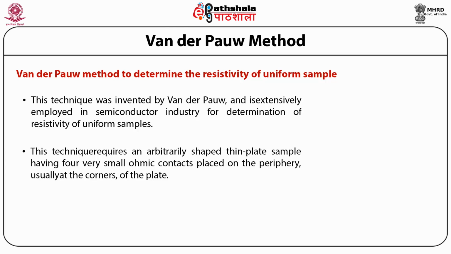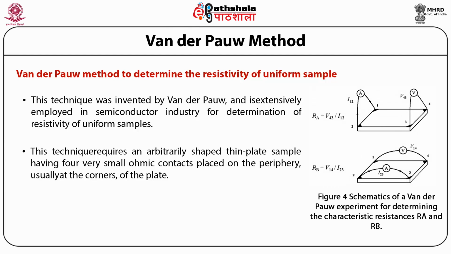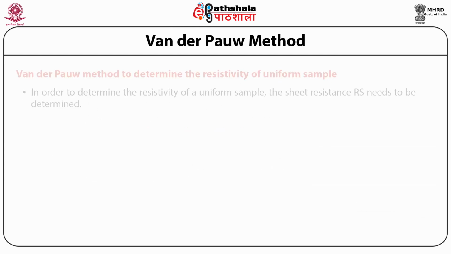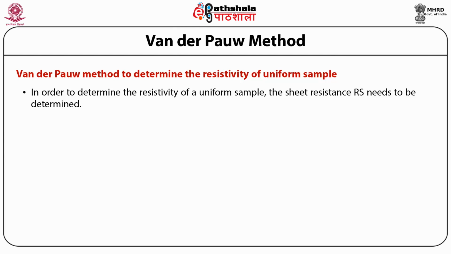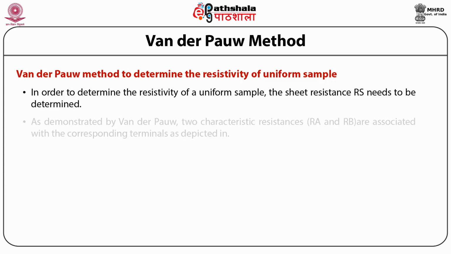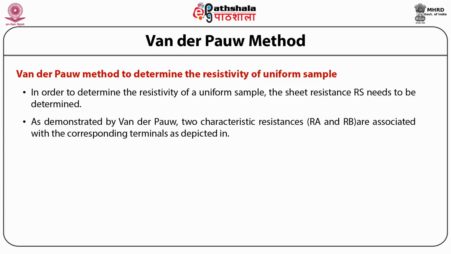As shown on the screen, the schematic arrangement of a typical Van der Pauw experiment. In order to determine the resistivity of a uniform sample, the sheet resistance Rs needs to be determined. As demonstrated by Van der Pauw, two characteristic resistances Ra and Rb are associated with the corresponding terminals as shown on the screen.